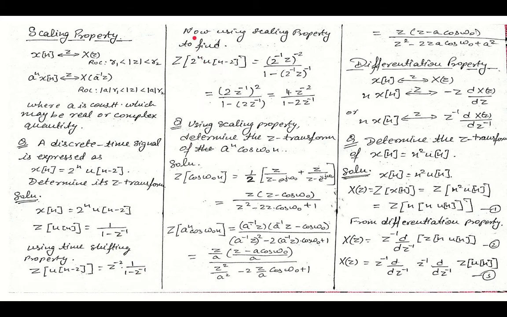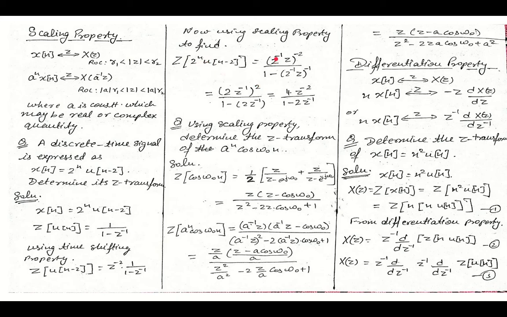Now after this we can utilize our scaling property, that is, the 2 to the power n. So the Z transform of 2^n u[n-2] will be, as I previously said, wherever we have Z in our Z transform, I replace it with a inverse Z. Here a is nothing but 2.